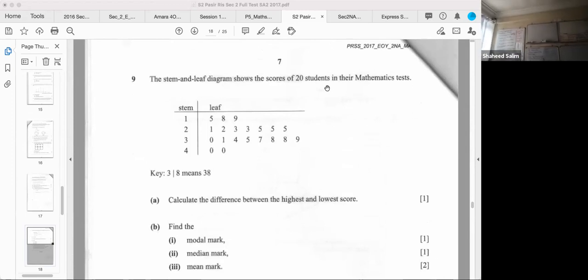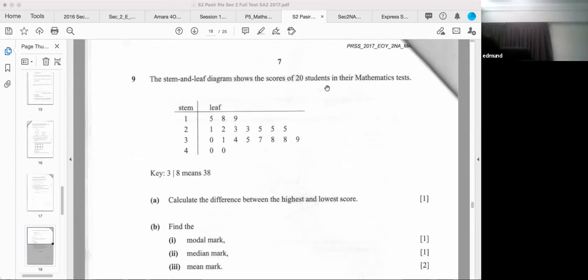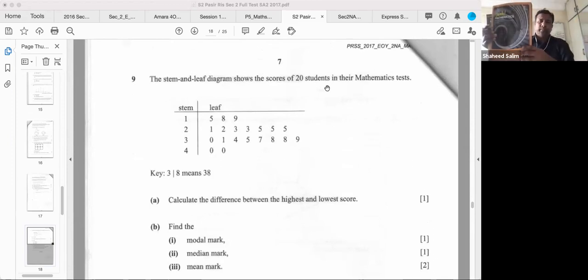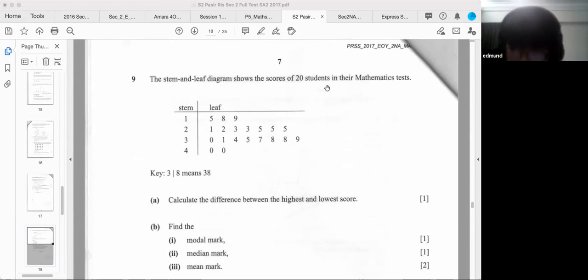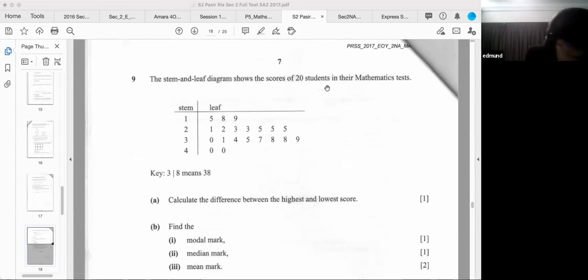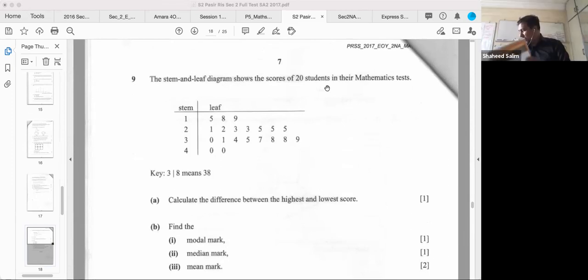Which textbook are you using? They're using this one. Okay, so this is in chapter 13 and 14. Chapter 1 to 12. Okay, so don't have.